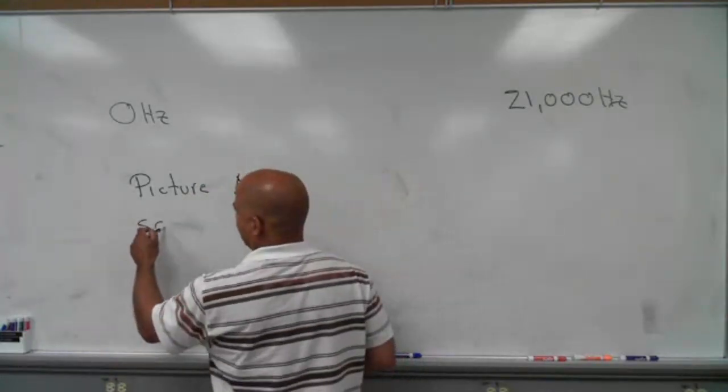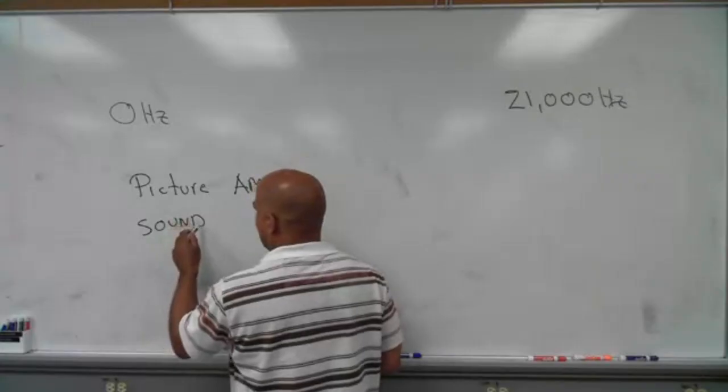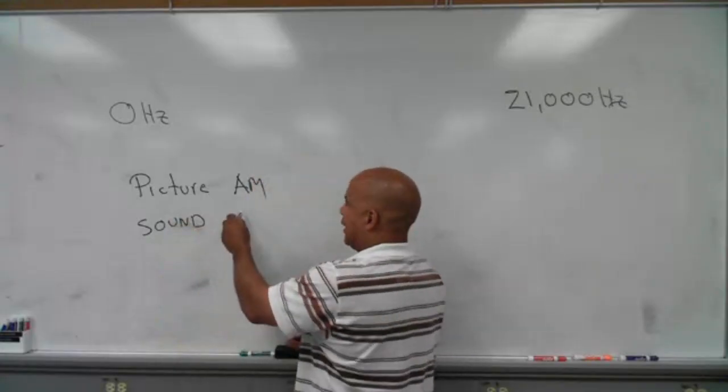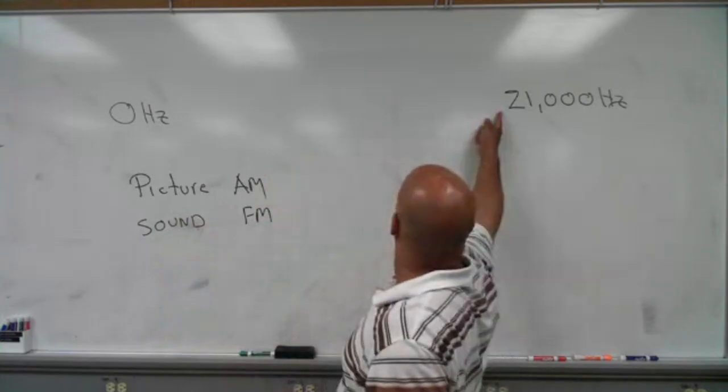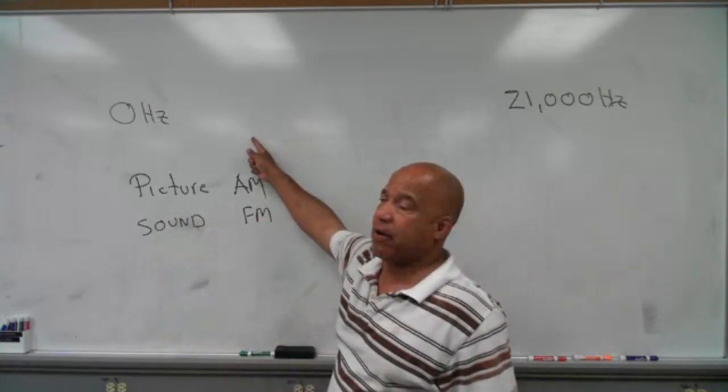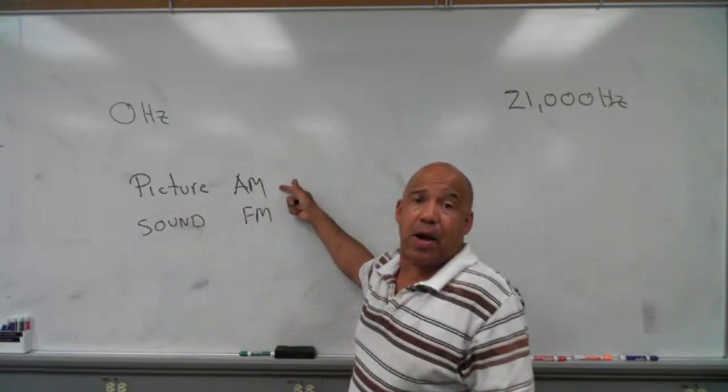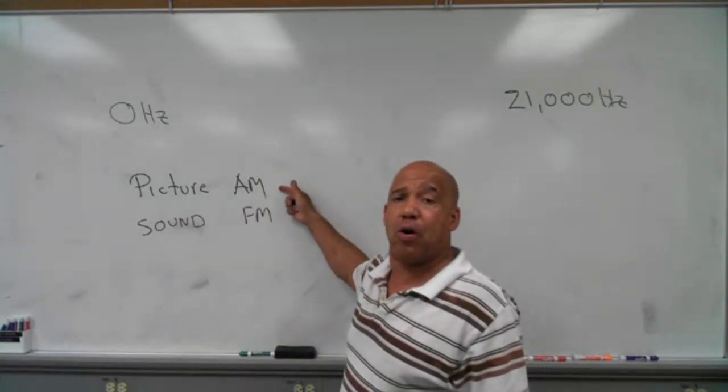You have sound, and the sound is transmitted in FM. So for sound, you've got to fit this bandwidth in there because it's for human hearing. And I have no idea how much bandwidth you need for picture. I would assume a whole lot.